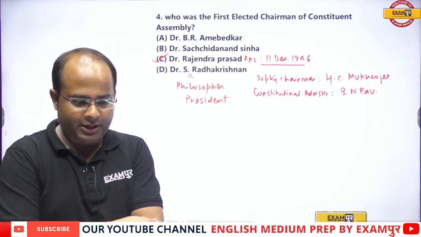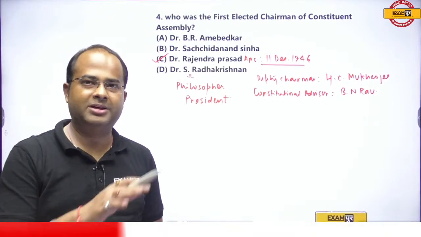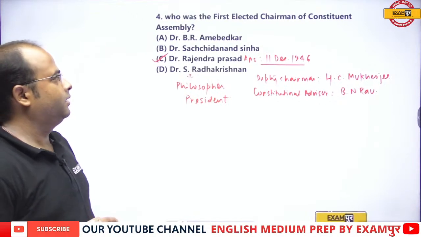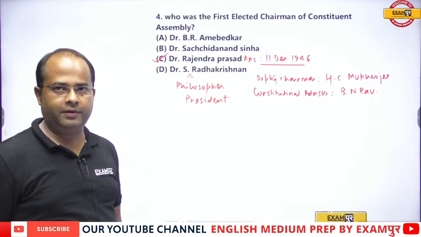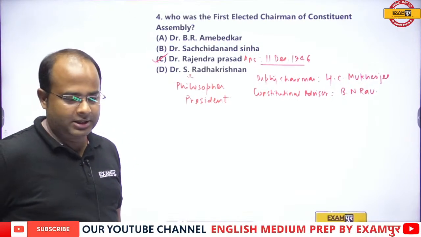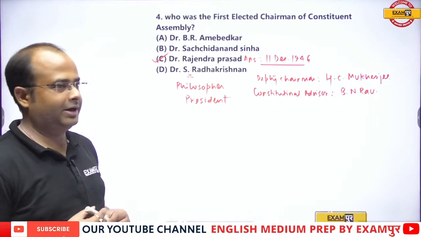I hope it is clear to everyone who is called the philosopher president. That is Dr. S. Radhakrishnan, because he was a professor of philosophy. I hope it is clear, guys. Now let's move to the next question.